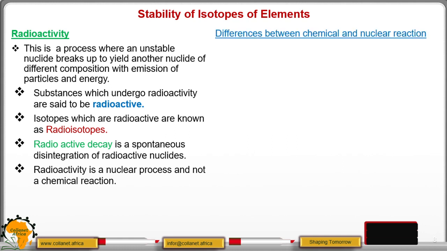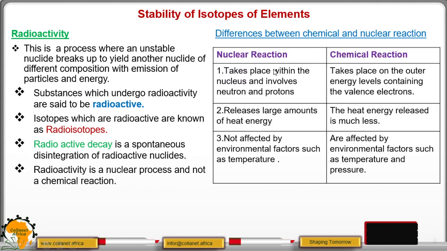Then we can look at the differences between chemical and nuclear reactions, and we have the table here. The nuclear reaction takes place within the nucleus, and it involves neutrons and protons. But a chemical reaction takes place on the outer energy level that contains the valency electrons.